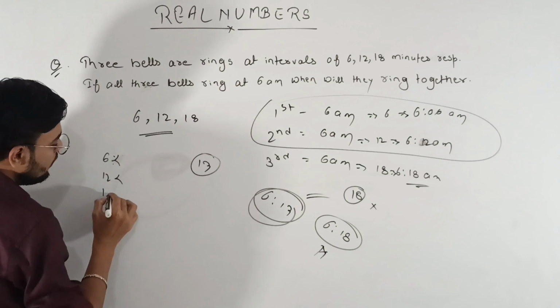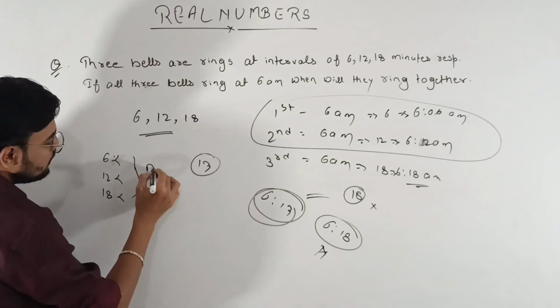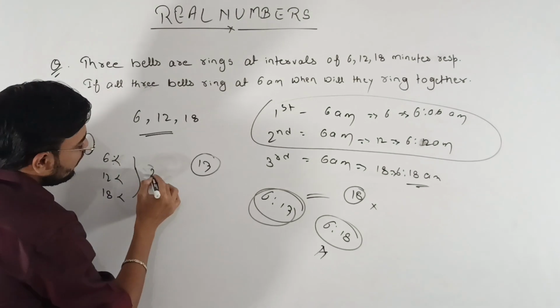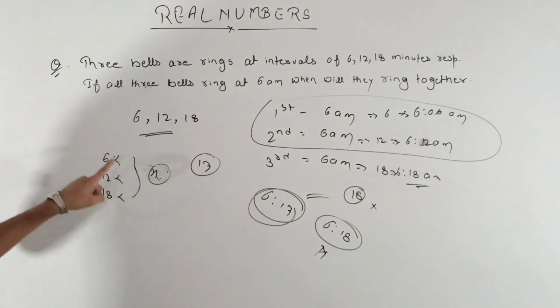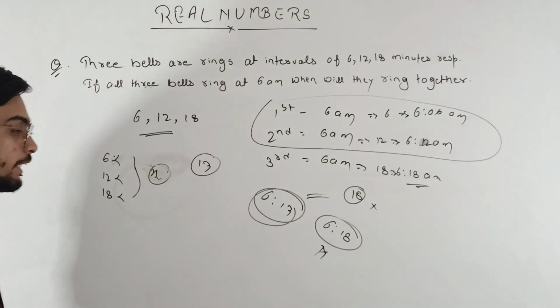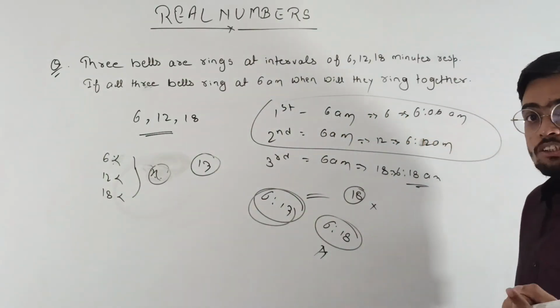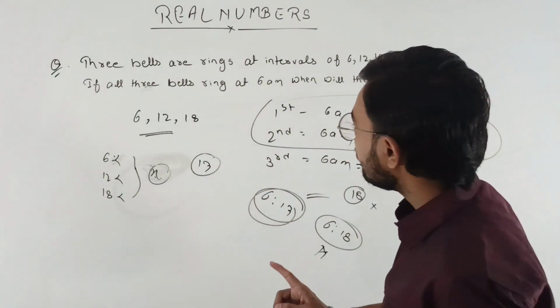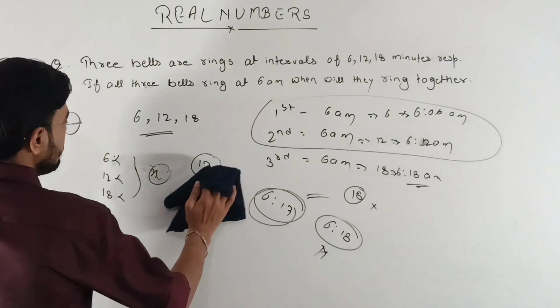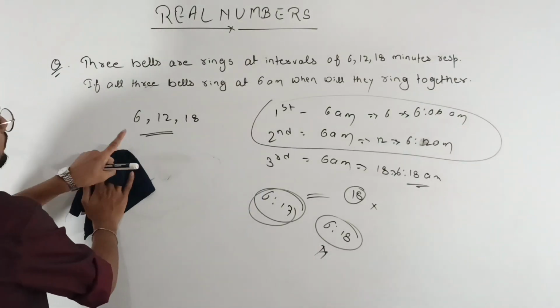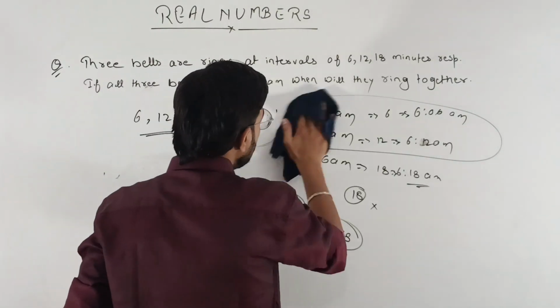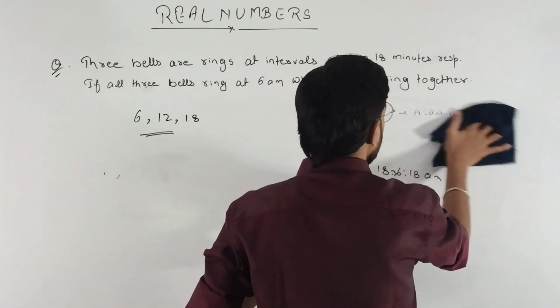Suppose our answer is x minutes, then x is greater than 6, 12 and 18. So in case of greater, we have to find LCM. We have to find LCM of 6, 12 and 18. Understood?